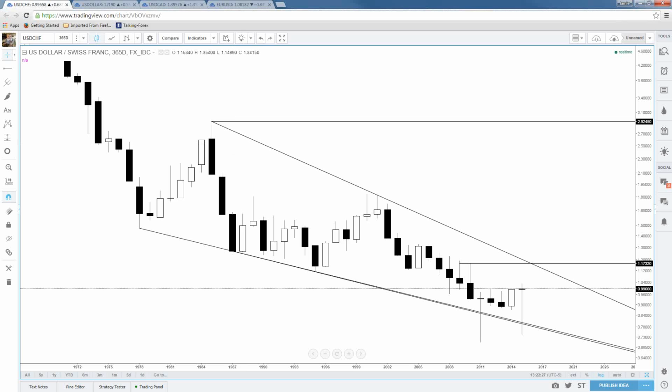Let me read to you something from Edwards and McGee, if you're familiar with them, the Bible of technical analysis, if you will, Technical Analysis of Stock Trends, written by Edwards and McGee some 80 years ago. And here's what they wrote about wedges.